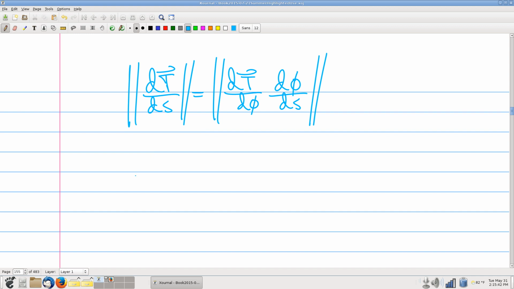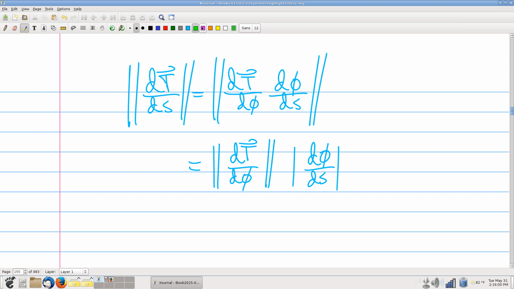Right, so that gives me the magnitude of dt d phi times the absolute value of d phi ds. Now, this is an old fact from Chapter 1: if you have a vector times a scalar, the magnitude of a vector times a scalar is the magnitude times the absolute value of the scalar.